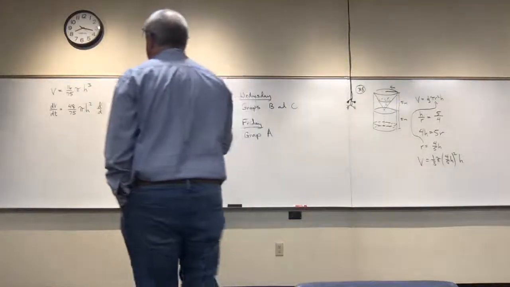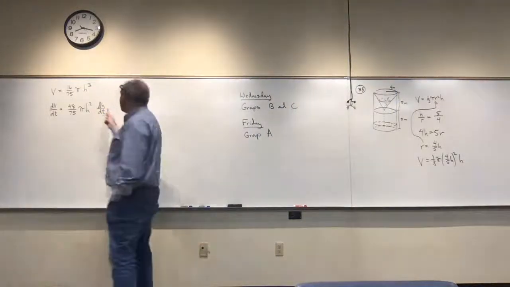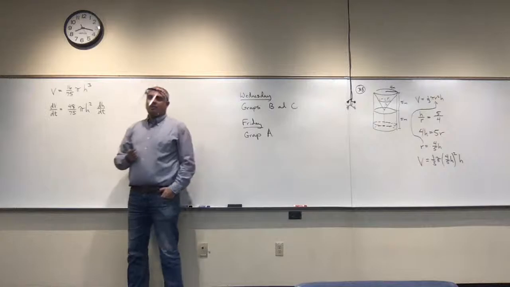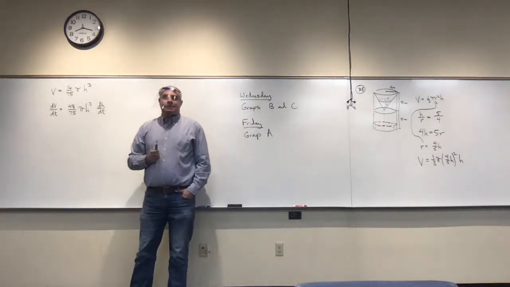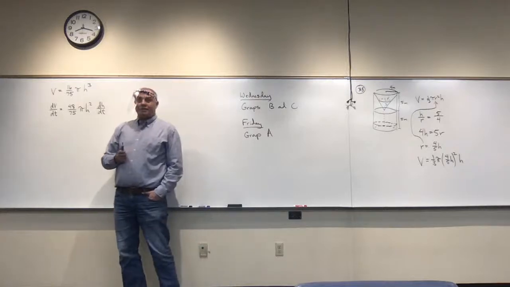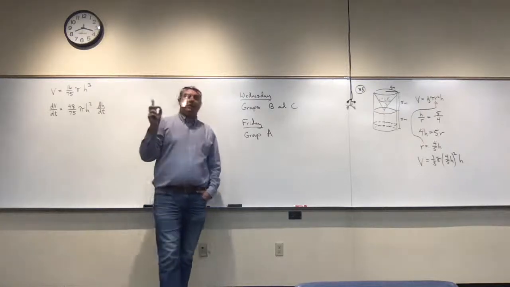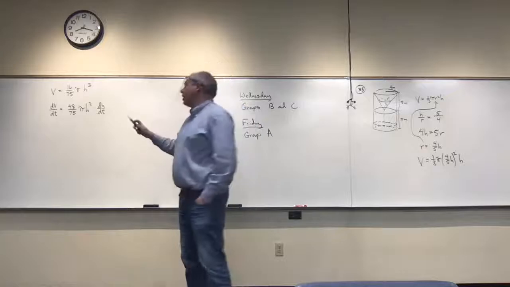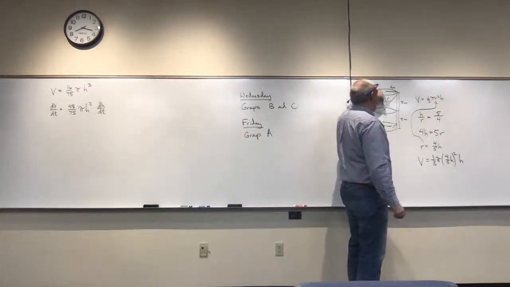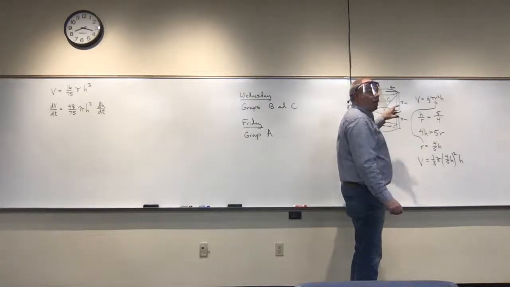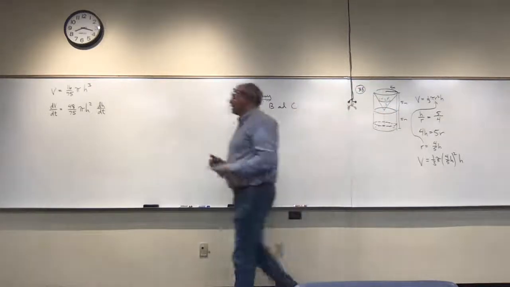So let's start with 3 meters. So if h is 3, what's dh/dt? Oh, negative 1/2. Negative 1/2. That's right. They give it as 0.5, but the water level in this tank, the volume is going down as it drains, right? Not up. So it needs to be in there as a negative number.